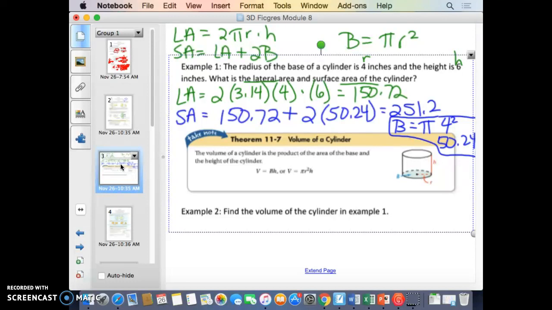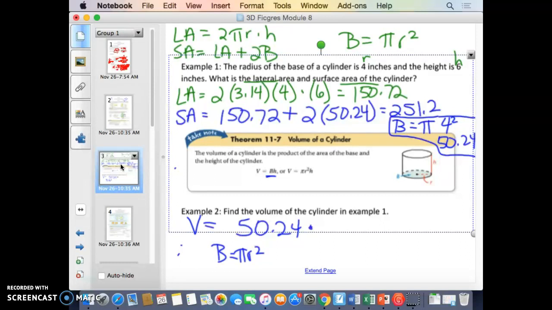All right, now let's try the same example, except now let's find the volume. Volume is base times height. We know our base is 50.24. To find the volume, you're literally just doing 50.24, which is B equals pi r squared, times height.